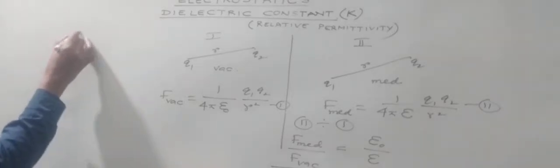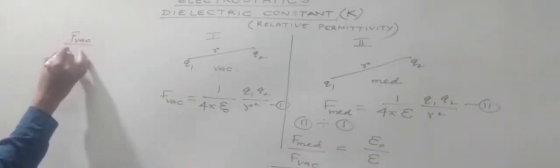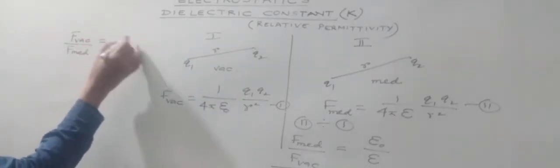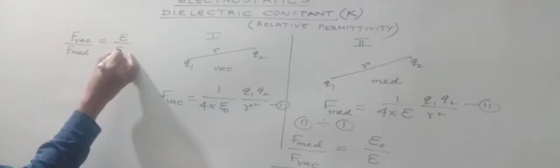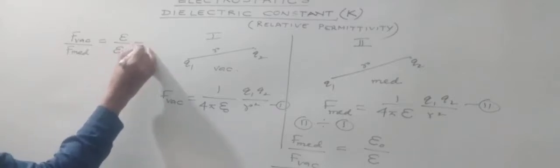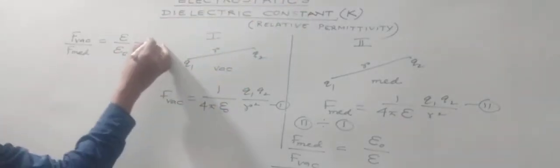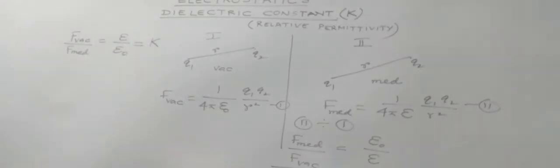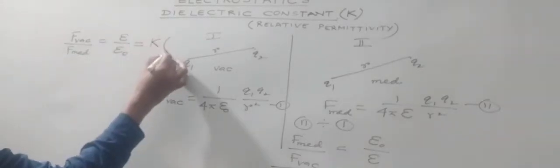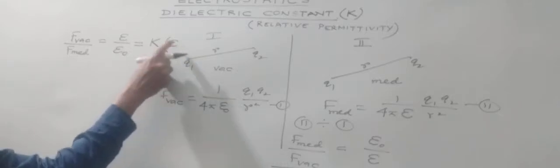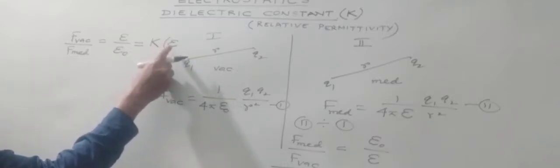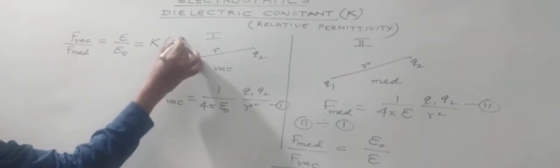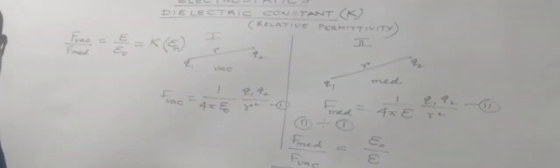This ratio is known as dielectric constant. It is represented by capital letter K, and it is also known as relative permittivity, epsilon R, where R stands for relative. So it is also known as relative permittivity.